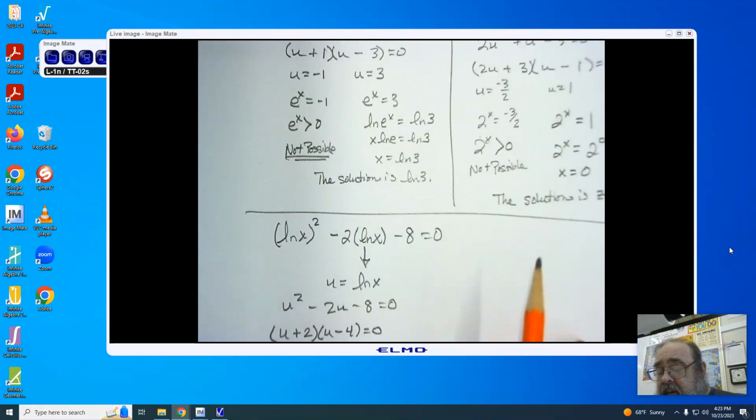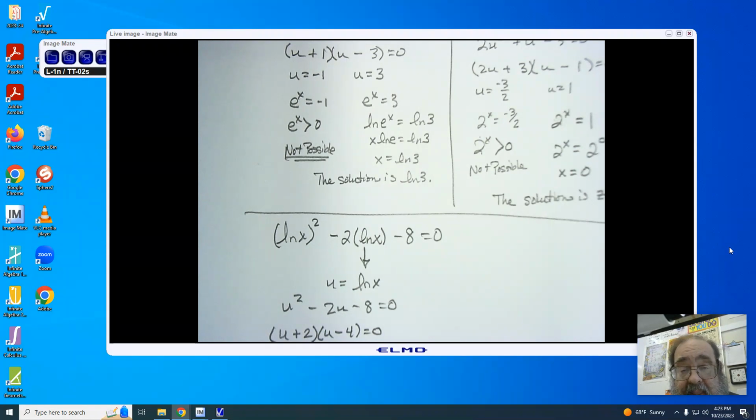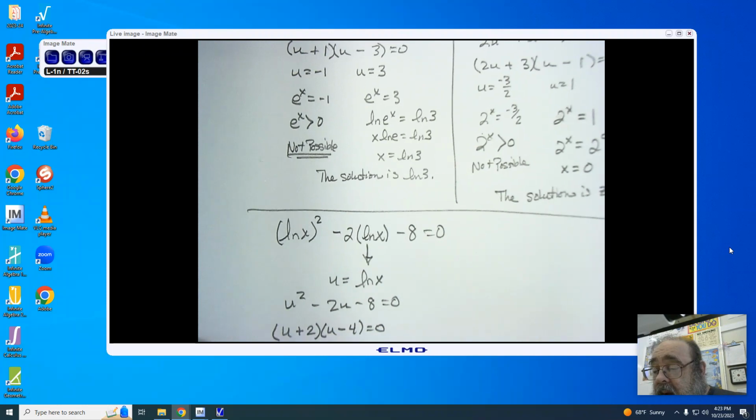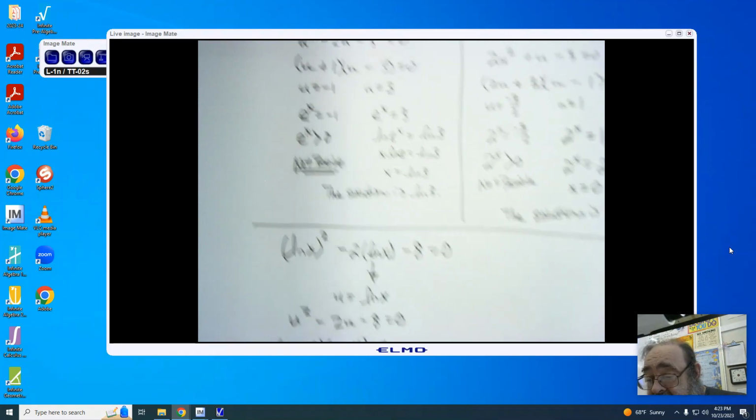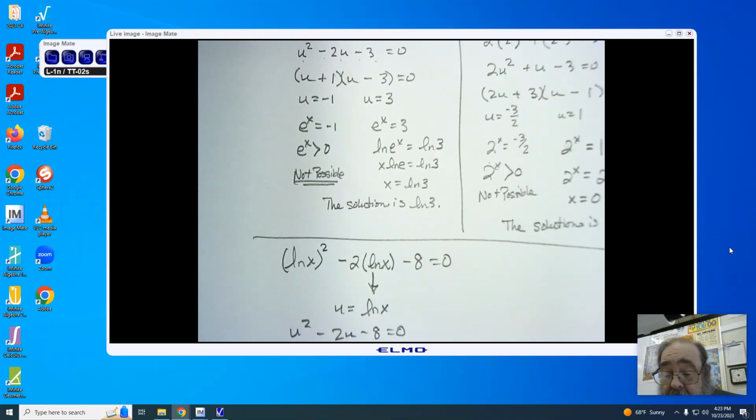Being very careful. Notice right here, I almost made an error thinking that the natural log of x can't be a negative result, but it just means that the x can't be negative. That's the domain. So we're okay. All righty. This is using exponentiation and quadratic form in order to find a solution.